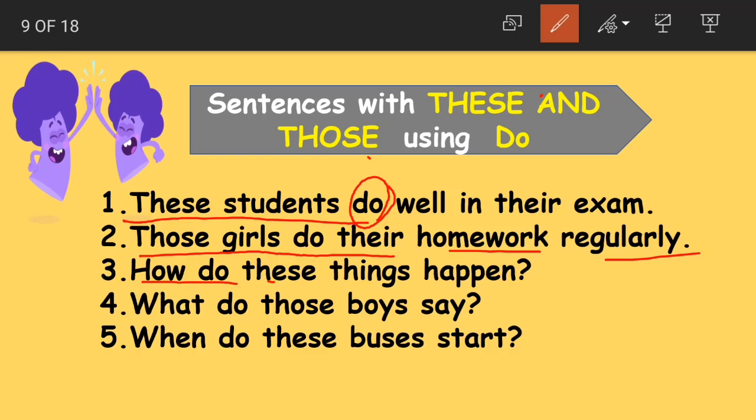How do these things happen? Suppose after going home, you want to play with your toys or something else. And when you were taking the toys, something has fallen down from the cupboard.